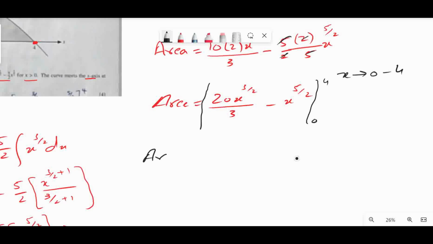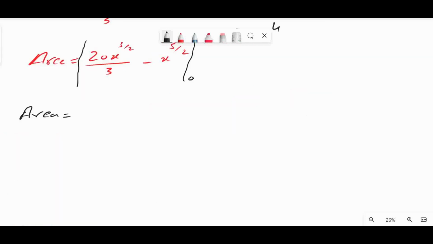So area will be equal to 20 times upper limit minus lower limit. The upper limit is 4^(3/2) divided by 3, minus 4^(5/2). Oh, okay, this must be plus. Let's see whether it was plus or minus.